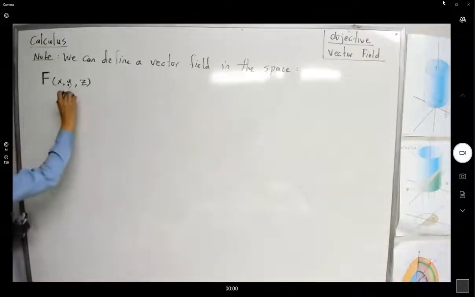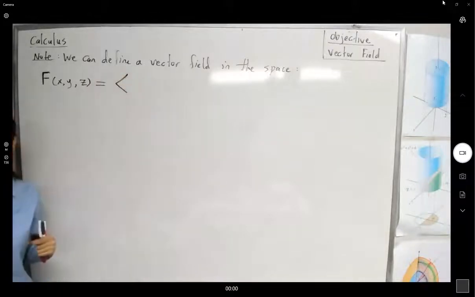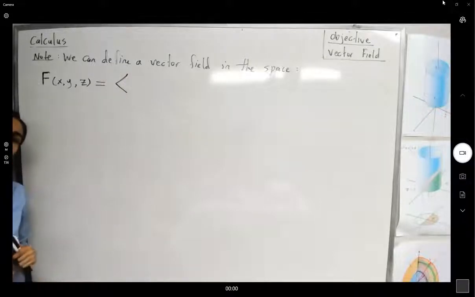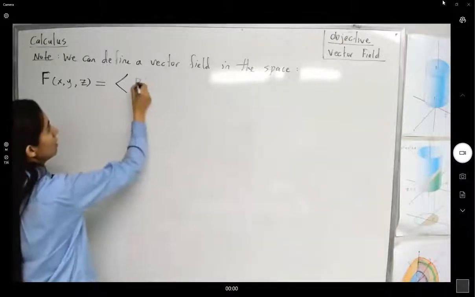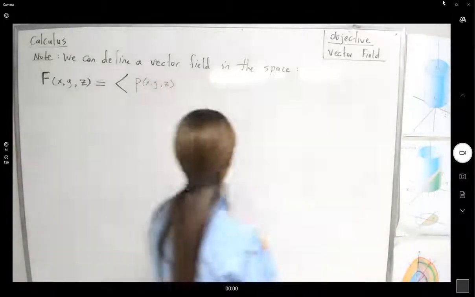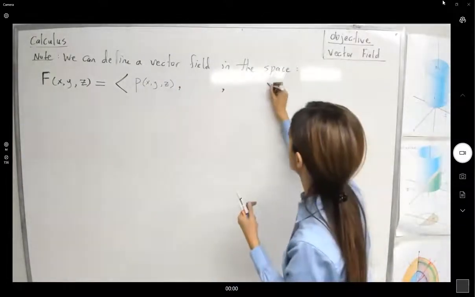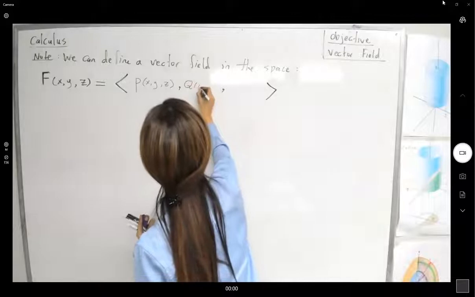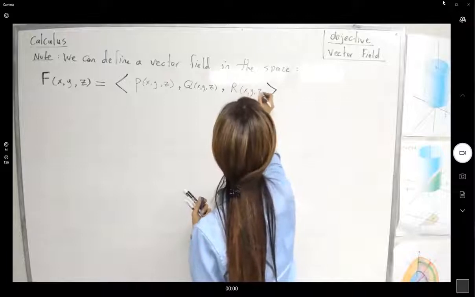The position x, y, and z is equal to, well, here you can define using real valued functions like P, Q, and R. P of x, y, z, Q of x, y, z, and R of x, y, z.